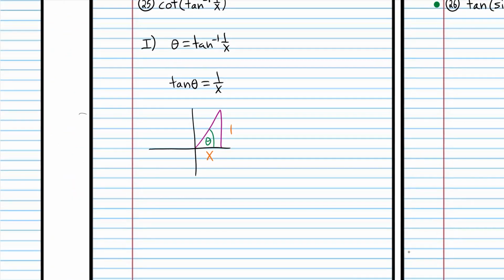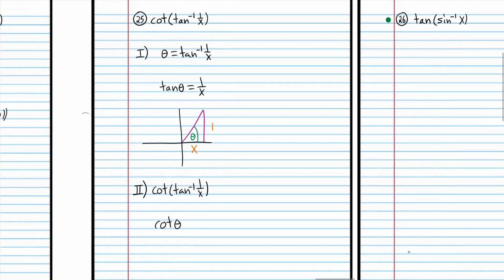So the second part of the problem is going to be to find cotangent of tangent inverse of 1 over x, which is the same thing as cotangent theta because we define tangent inverse as theta. So now we're just looking for cotangent theta, and we can use this triangle to help us.